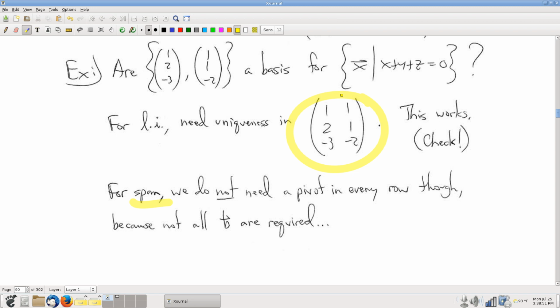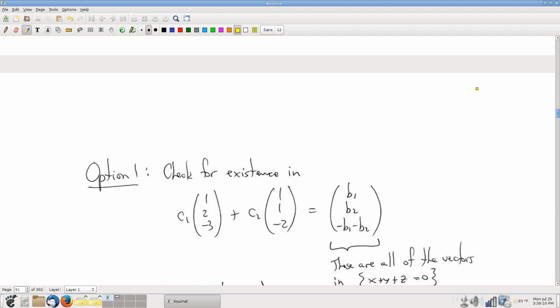We're not responsible for that because we are not responsible for making every vector in Rn a part of this span. We're only responsible for checking that every vector in this plane is in that span. So, different question. In particular, I don't need to check that this can equal every vector in Rn.